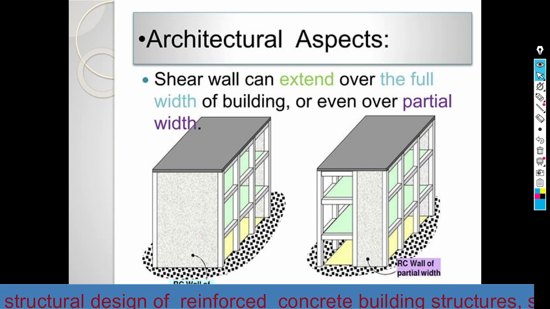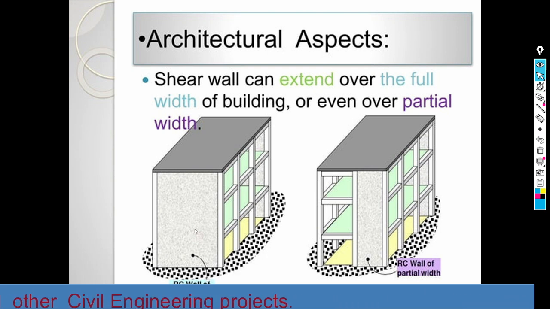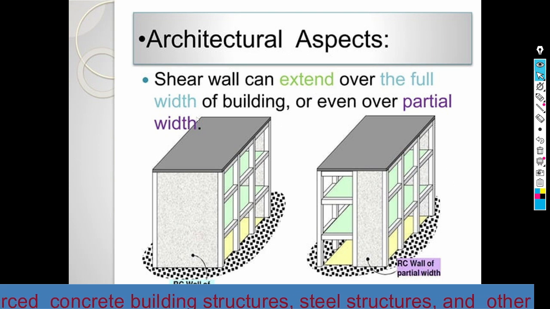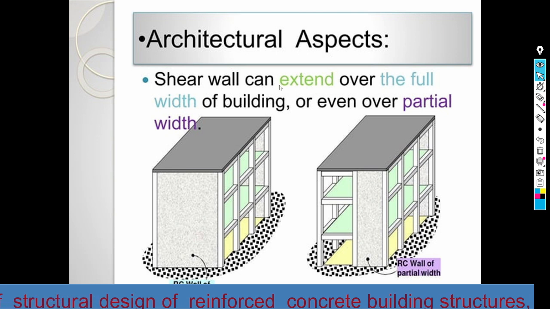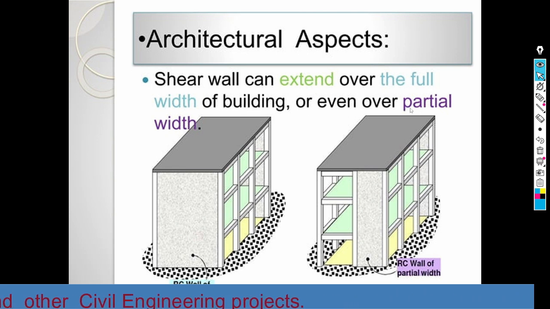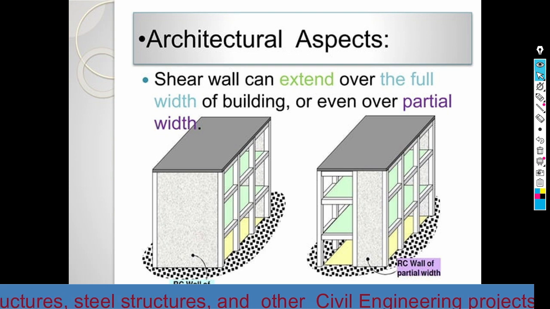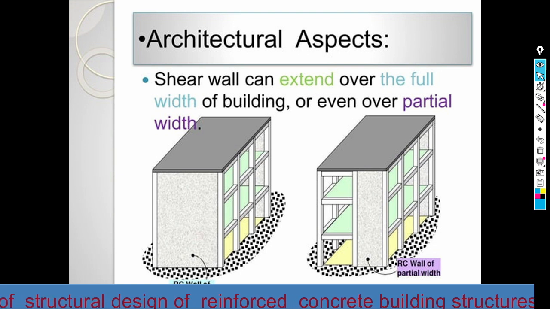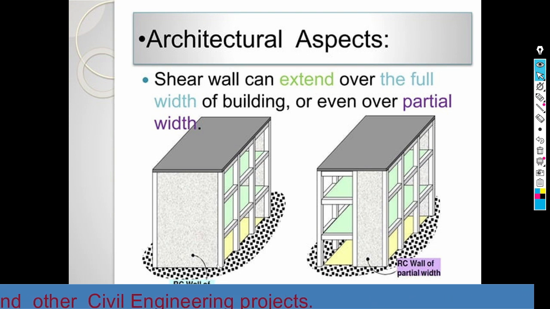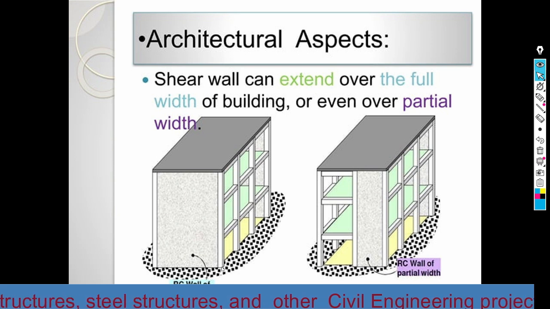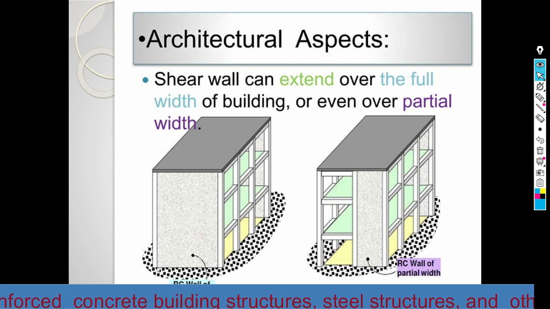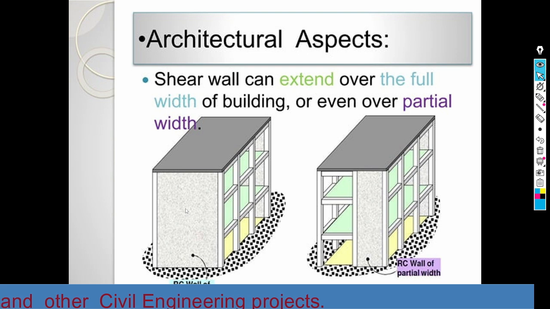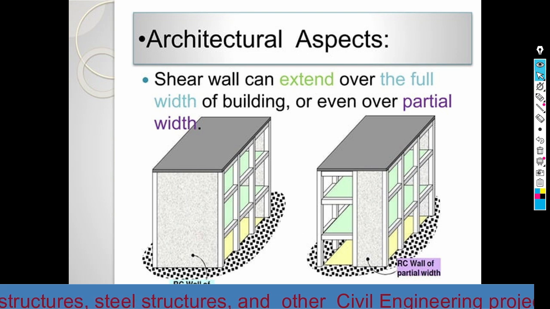Here this is the structure which is composed of shear walls and frames. And here the shear wall can extend over the full width of the building or even over partial width. That means here this is the width of the building. So this is an RC wall of full width. It is preferable to provide a shear wall for the full width of the building, and extend the shear wall up to the top of the building.